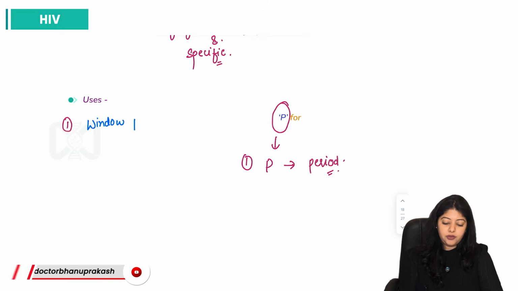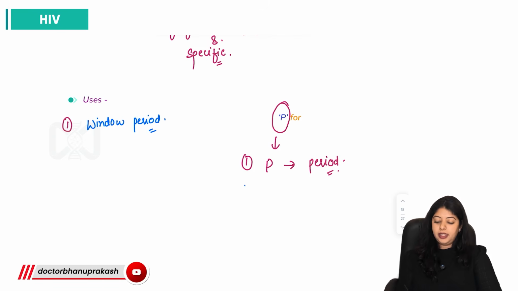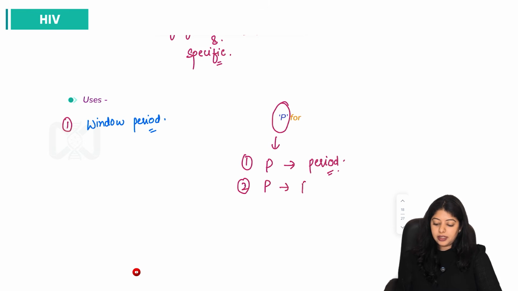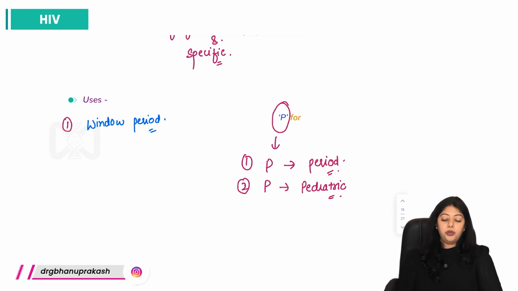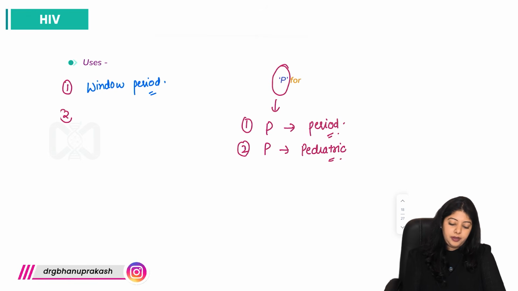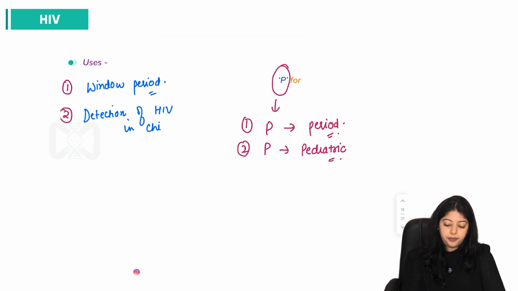Its detection is very useful in window period. Then second P stands for pediatric cases. So it is also useful for detection of HIV in children.